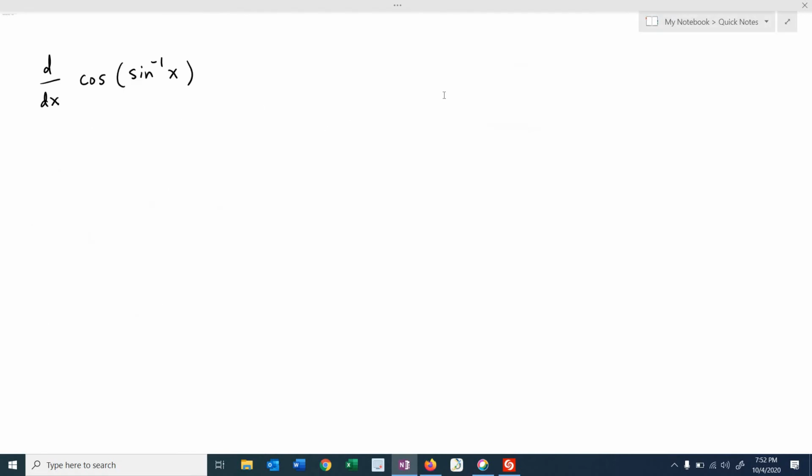Here we want to find the derivative of cosine of arcsine of x with respect to x. Again, this is a composition of two functions, so we're going to need to use the chain rule. Then u is going to be the inner function, which is the arcsine of x, and that means our outer function is going to be cosine of u.